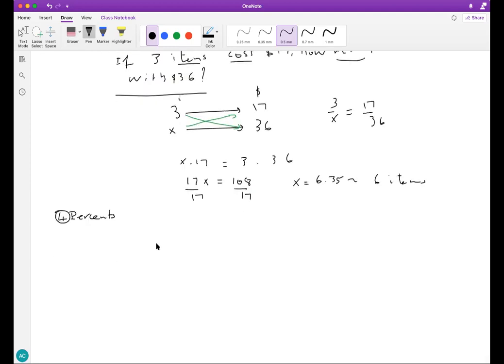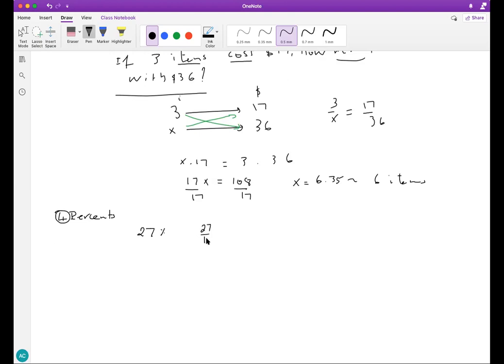Okay, so percent, as you know, is, give me an example of a percent, any random percent. 27%. All right, 27%. What do we exactly mean by 27%? 27 over 100 as a fraction. That's right, as a fraction.